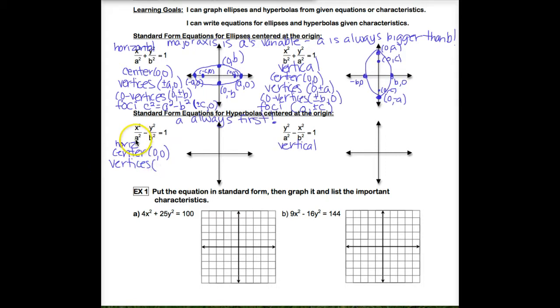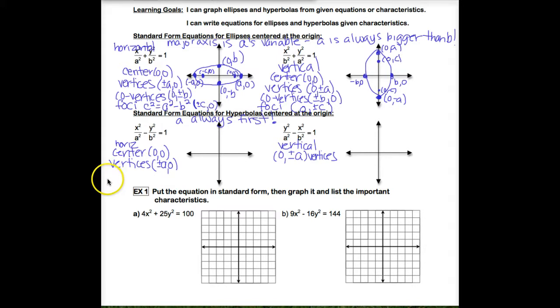which in this case are going to be at plus and minus a, 0. Over here, my vertices are going to be at 0, plus and minus a, because it's going up and down. Then you're going to have asymptotes.